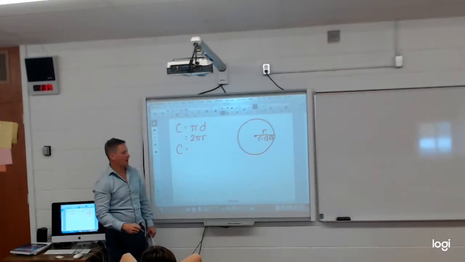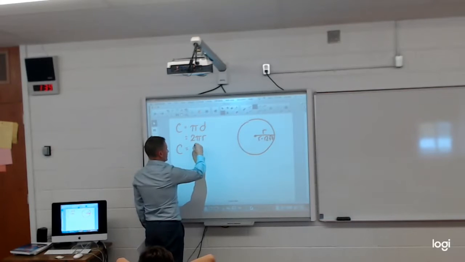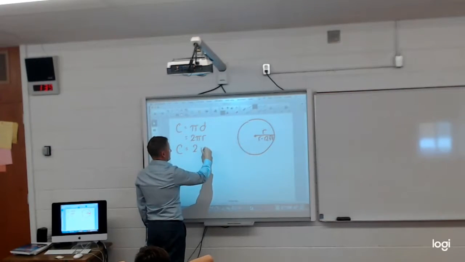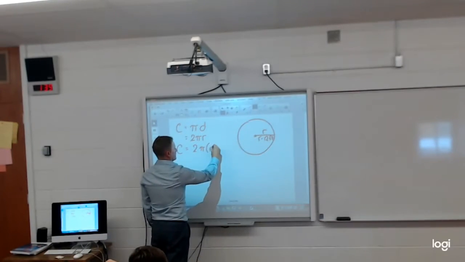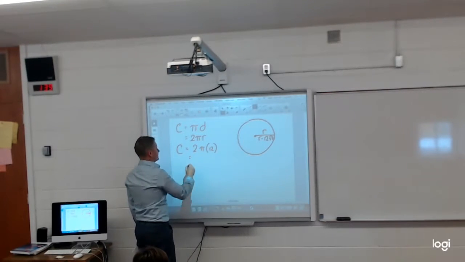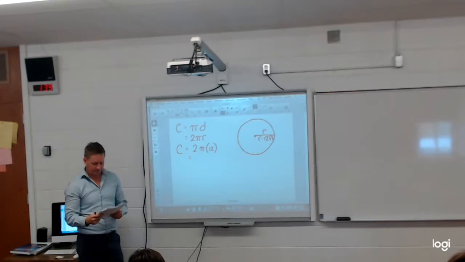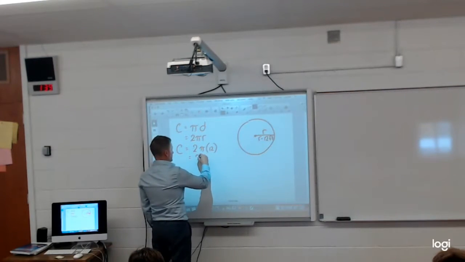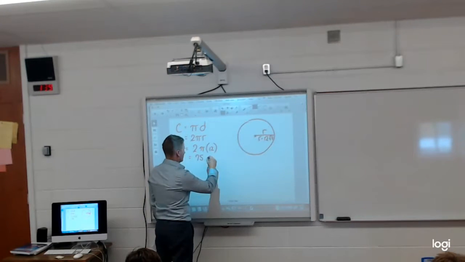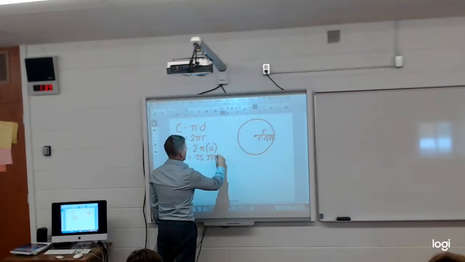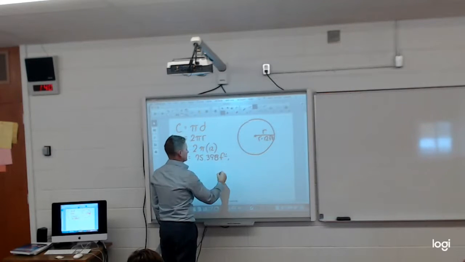No. And this is a calculator question because of the pi button. So I go 2 times 12 times pi. So find that on your calculator, and what do we get? 75.398. I like that right there just as it is.